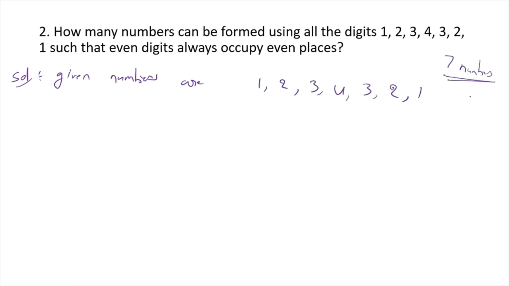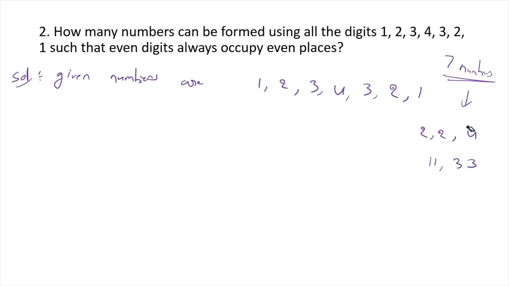So in these 7 numbers we have 2 2s and 1 4 and 2 1s and 2 3s. So the even numbers are 2, 2 and 4 and the odd numbers are 1, 1, 3, 3.